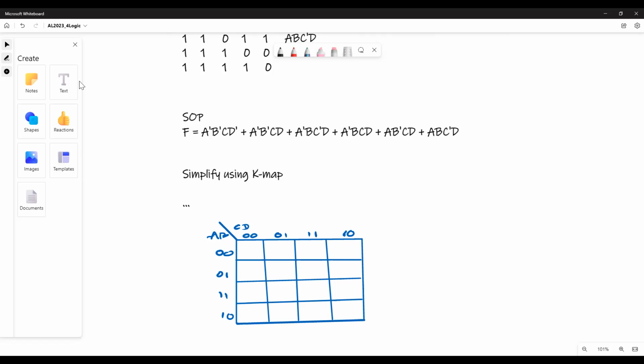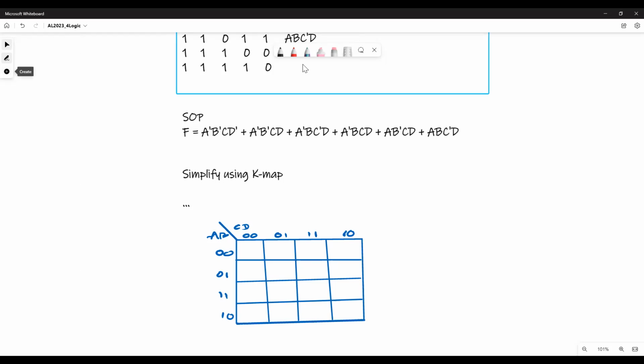Okay. Right now, let's do it. If you look at this one, what we have is A dash B dash, right?